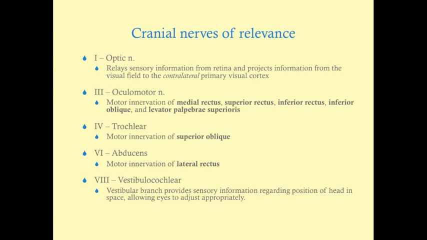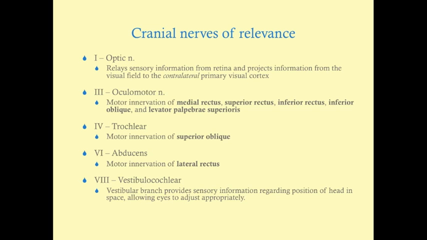We're not going to talk about how the vestibular nerve particularly interacts with eye movement and how it induces changes in the eye movement, but what you should know is that any lesion to the vestibulocochlear nerve can and does cause defects in eye movement. We talked about vertigo in a different section, and one of the main causes of vertigo is damage to the vestibular nerve, to the vestibular nucleus.